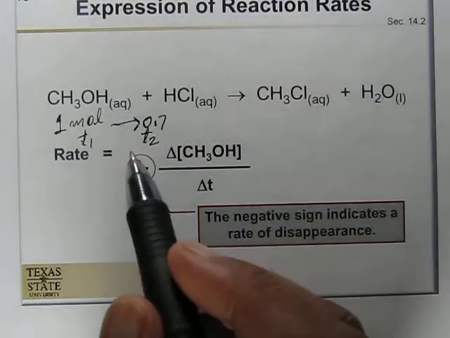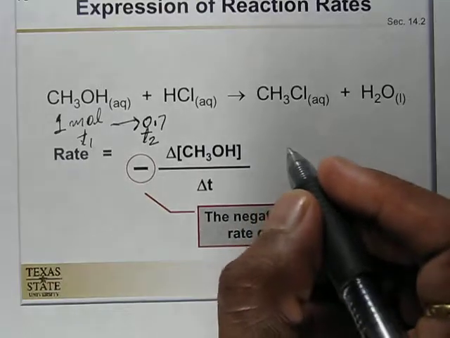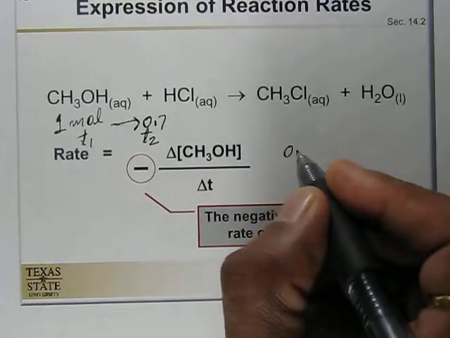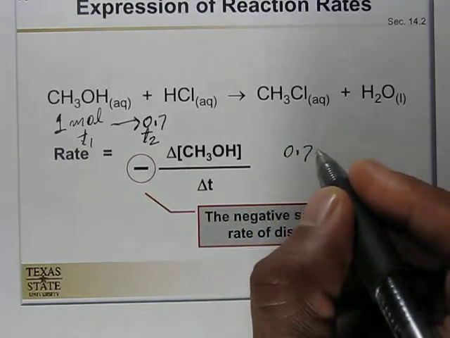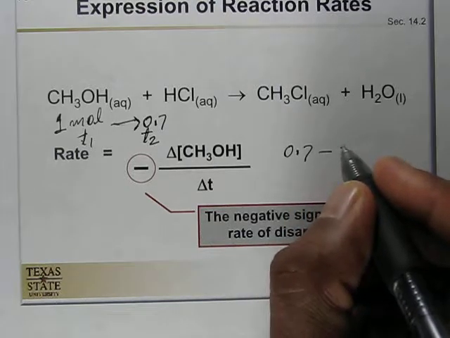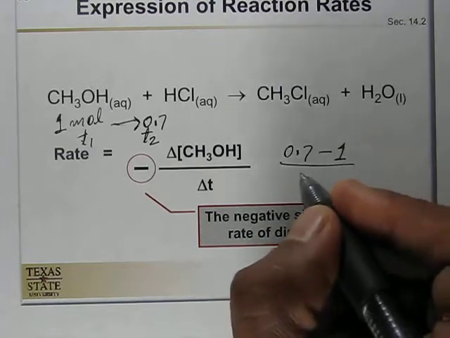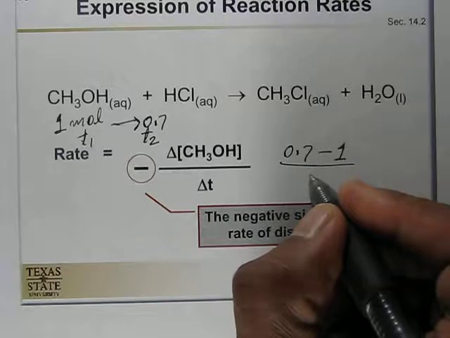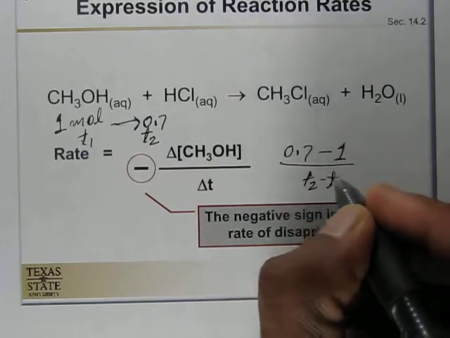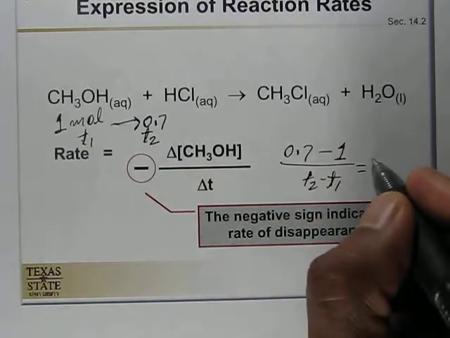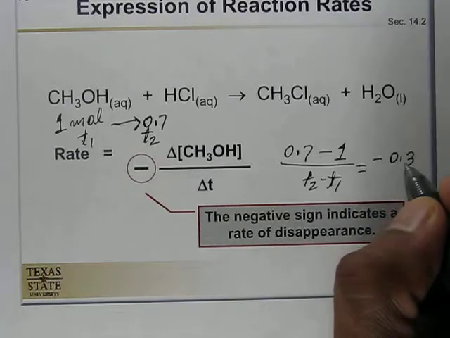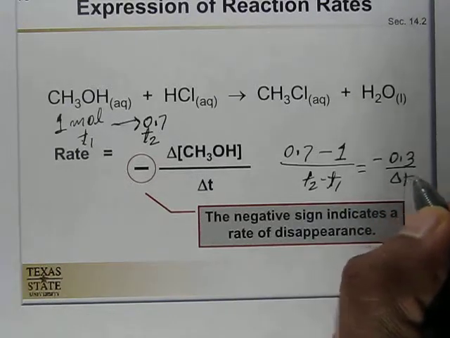So basically if you subtract 0.7 minus 1, and T2 minus T1, the answer you will get is minus 0.3 divided by delta T, right?